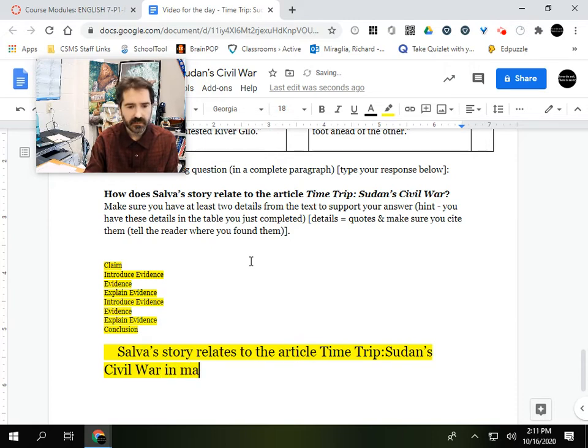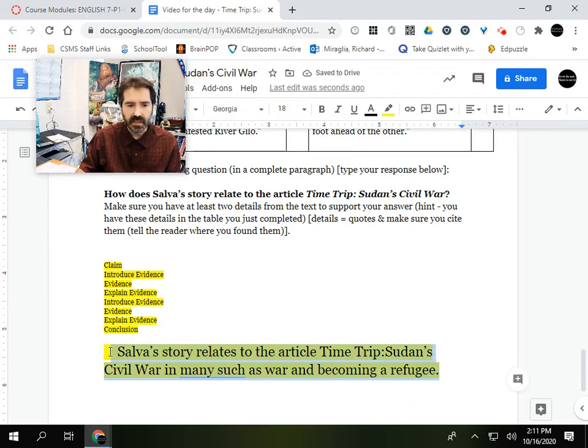in many ways, such as war and becoming a refugee. Okay, so that's my topic sentence. That's my claim. I'm going to make it green.